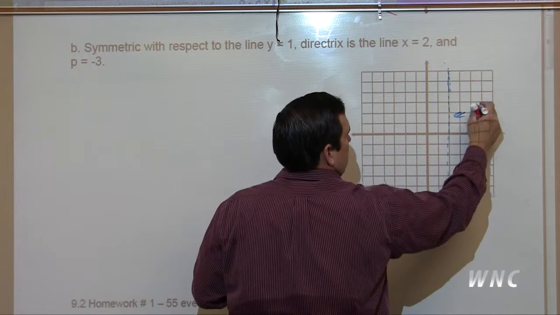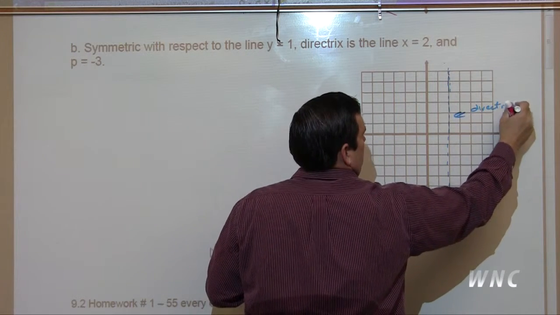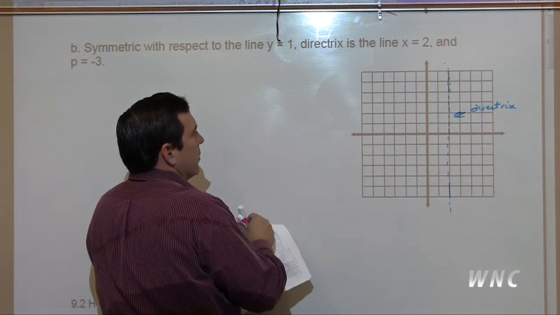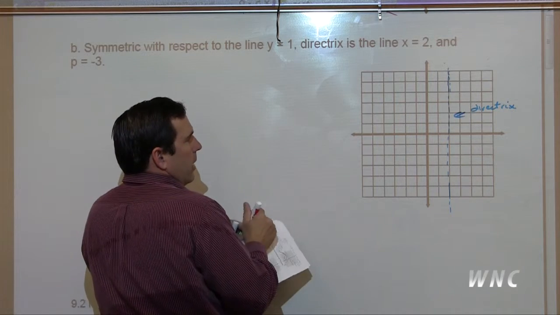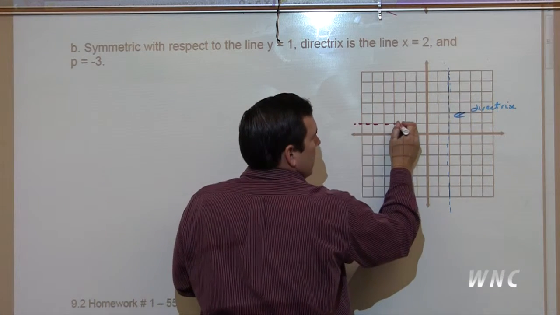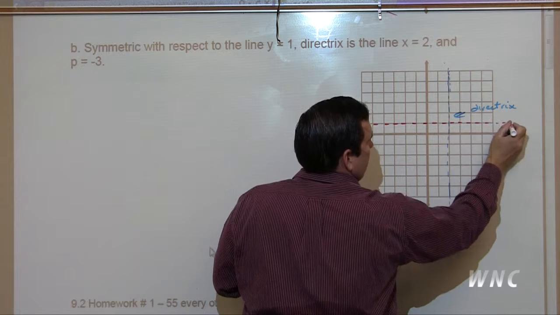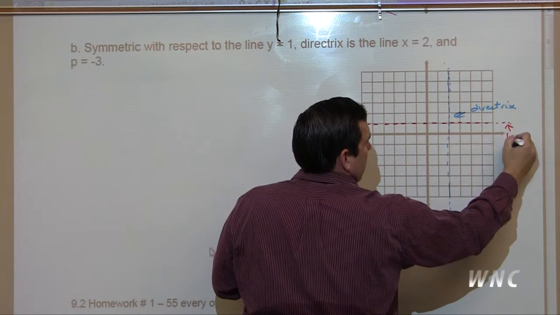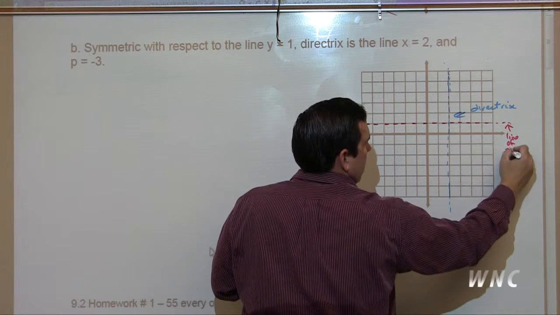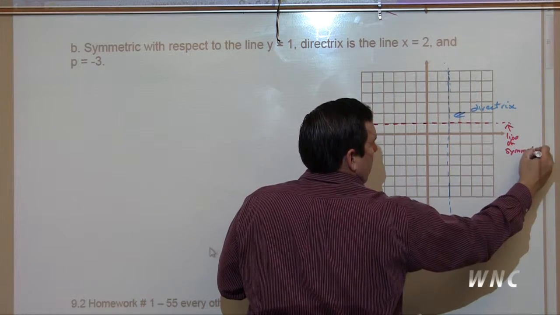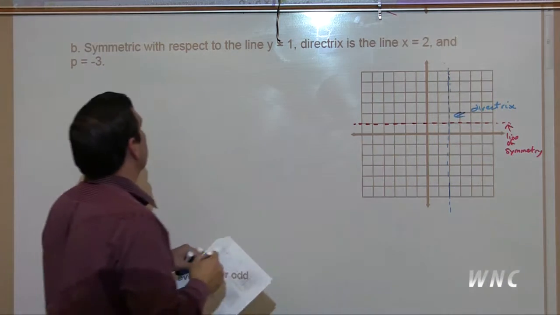So that's our directrix. It's symmetrical with respect to this line y equals 1. That means that our focus and our vertex must lie on that line of symmetry.